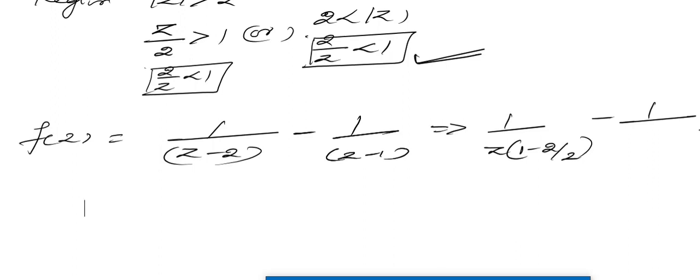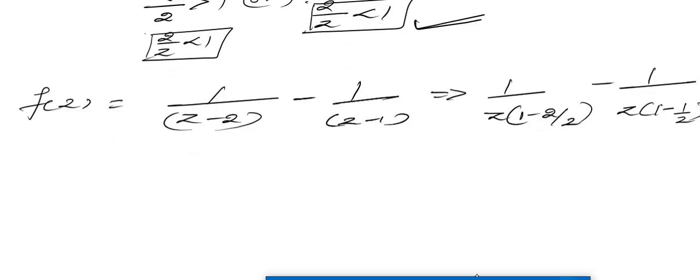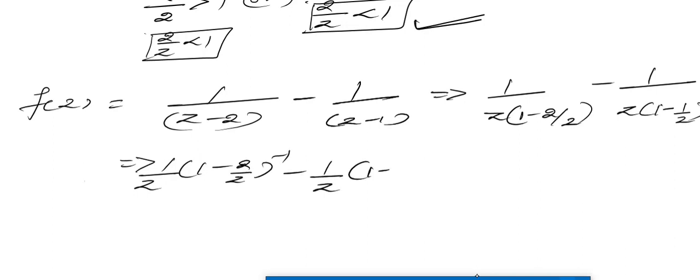So can I take z into 1 minus 1 by z? So repeat the same procedure. So 1 by z, I can write it as 1 minus 2 by z to the power minus 1, minus 1 by z into 1 minus 1 by z to the power minus 1.